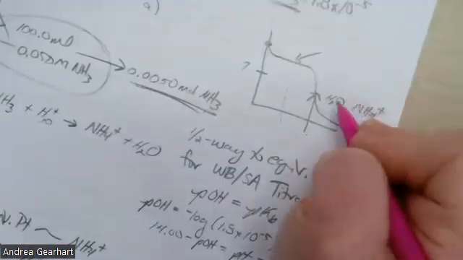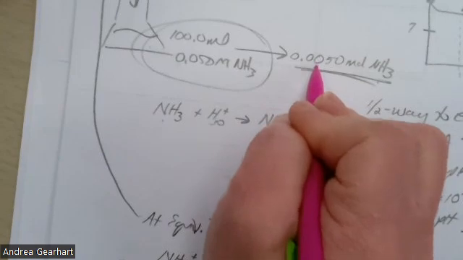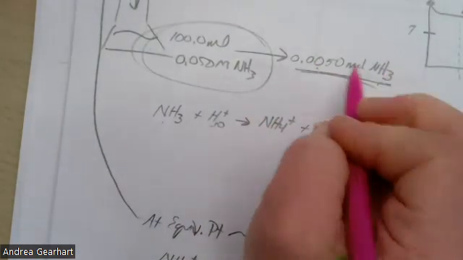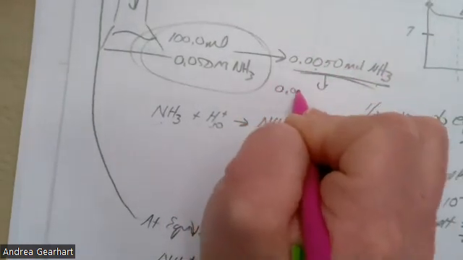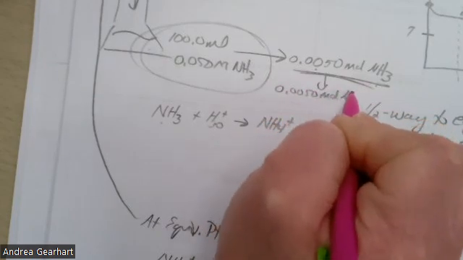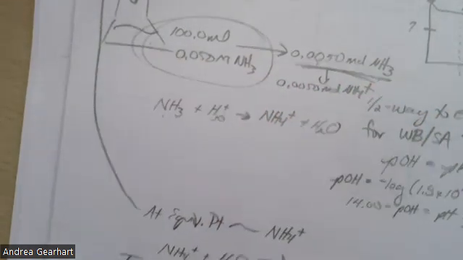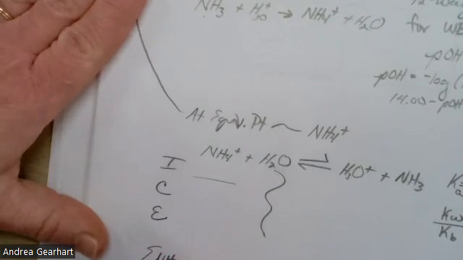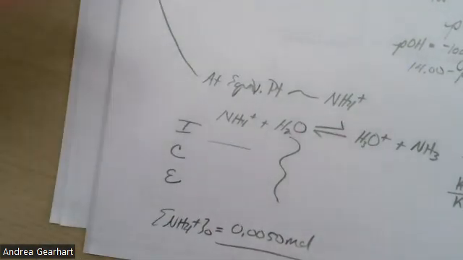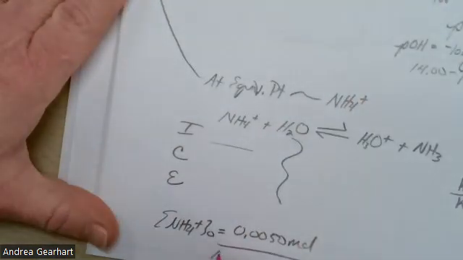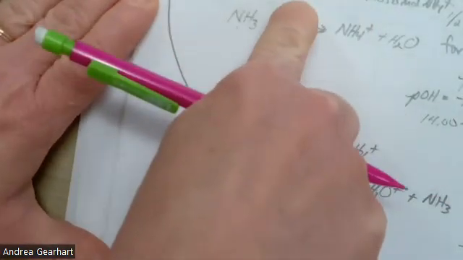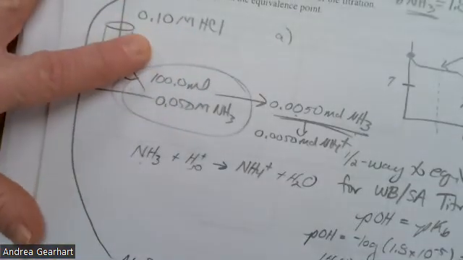If I'm at the equivalence point, I've reacted all of that away, and I've made that same amount of moles of NH4 plus. Okay, and it was 100 milliliters of the original ammonia that I added HCl to.